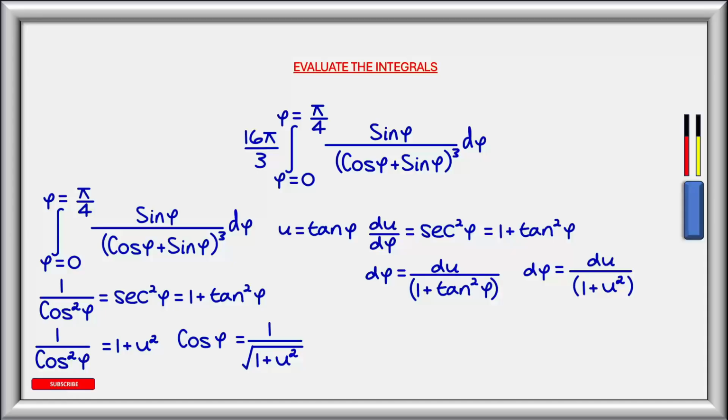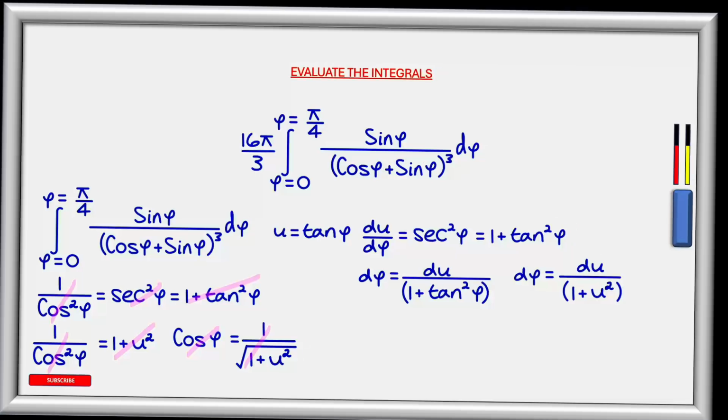And we know that u is equal to tan φ, so therefore dφ is equal to du divided by 1 plus u squared. We also need to make a substitution for sin φ and cos φ in terms of u. So for cos φ, we know that 1 divided by cos squared φ is equal to sec squared φ, and sec squared φ is equal to 1 plus tan squared φ. So 1 over cos squared φ is equal to 1 plus u squared, because tan φ is equal to u, and therefore cos φ is equal to 1 divided by the square root of 1 plus u squared.